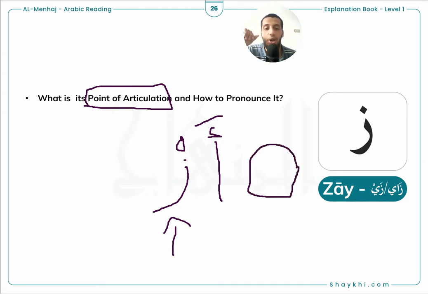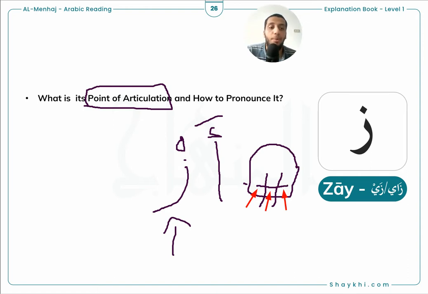And as we know, here is the mouth, here is the tongue, and here are the three parts we discussed in each episode: the tip, which is nearest to the mouth, and the middle and the back part, which is nearest to the throat.